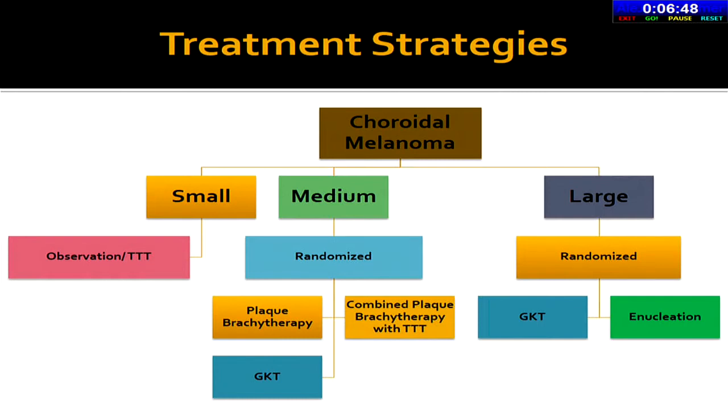Small melanoma we can observe, or do transpupillary thermotherapy. Medium we can randomize into plaque brachytherapy, or combined plaque brachytherapy with TTT, or do gamma knife therapy. And for large, you can either go for enucleation, or do external beam radiotherapy like gamma knife.